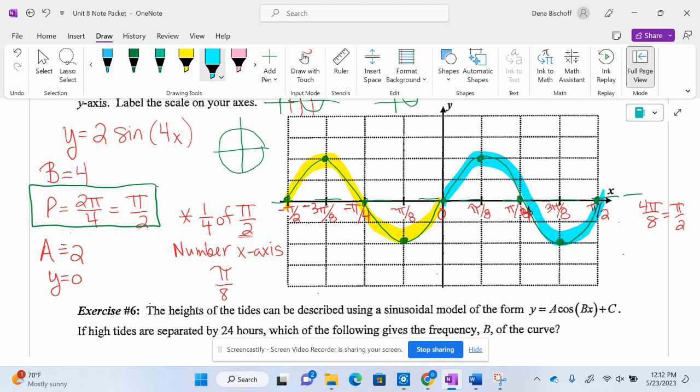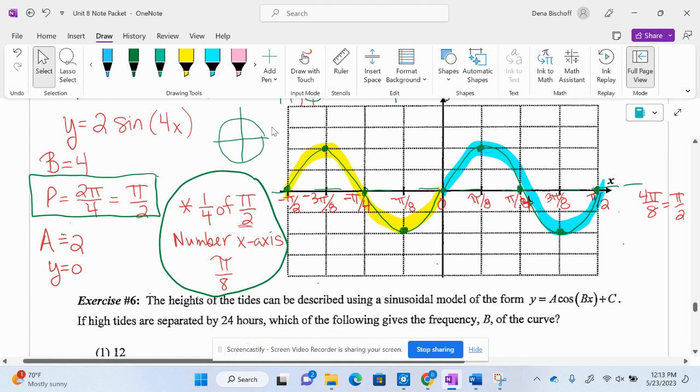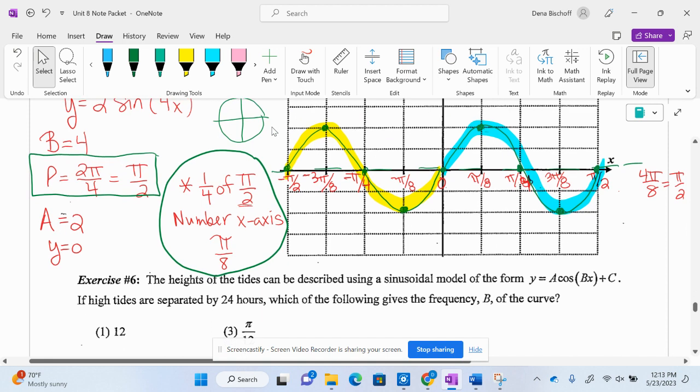You just keep repeating that. I think the only thing that's really tricky is figuring out how to number your x-axes. What do you guys think? Do you feel like you're okay with that? Yeah. You take the period and just divide it by 4 or multiply by 1/4. That's all you're doing. Perfect.